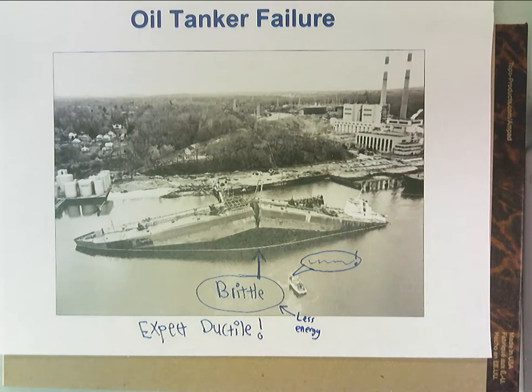Looking at the failures of the ships, they looked more brittle, acted in a more brittle way, and so they determined, really by trial and error and some good old-fashioned experimentation, that the temperature of the water did in fact influence the failure behavior of the ships, and started to study that.